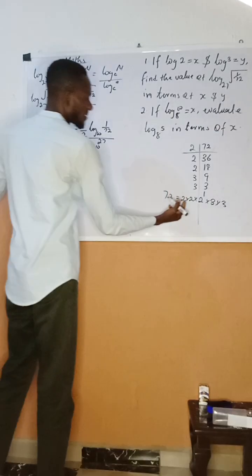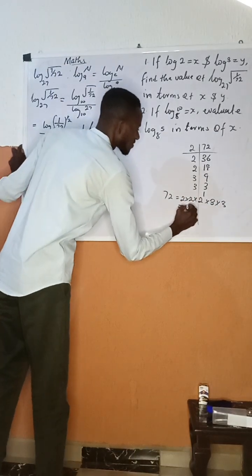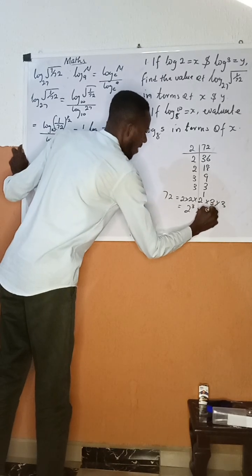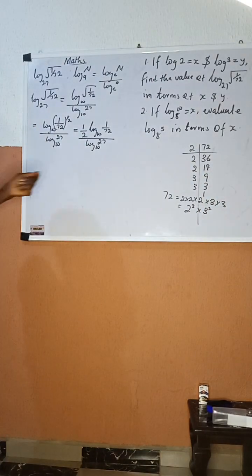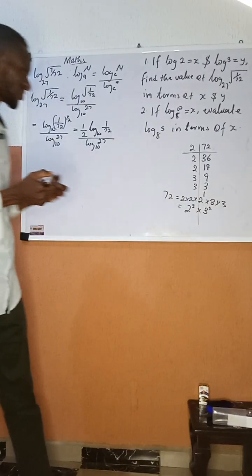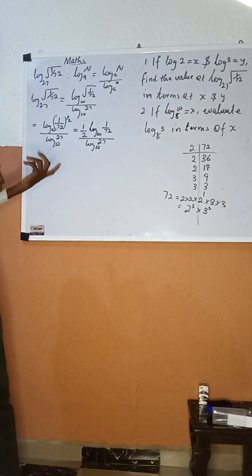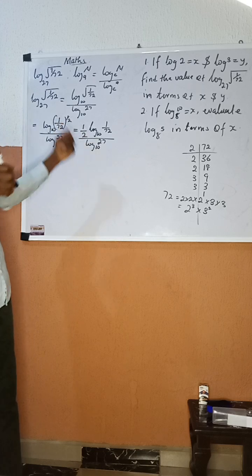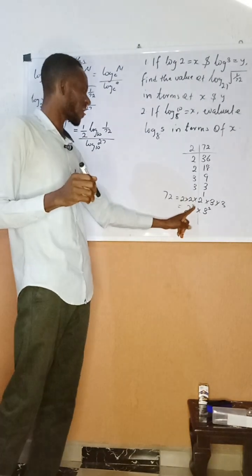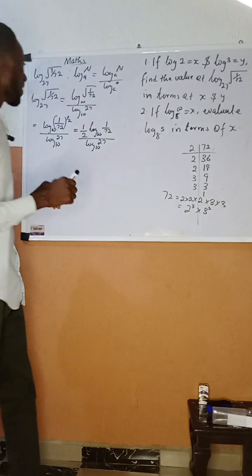And of course, 2 times 2 times 2 equals 2 raised to power 3 multiplied by 3 raised to power 2. So I am now seeing that I am having something 2 here and I am having something here 3. So we are going somewhere. So what I am going to do, wherever I see 72 in this problem, I will replace it with 2 raised to power 3 multiplied by 3 raised to power 2.